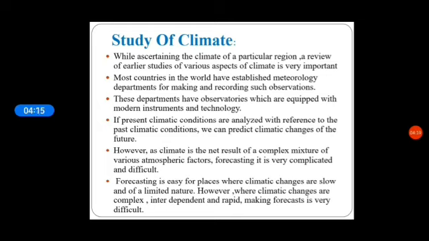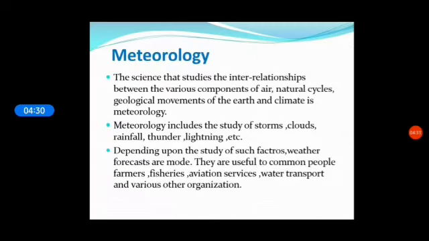Forecasting can be easy for places where climatic changes are slow and of a limited nature, while forecasting can be very difficult for the places where climatic changes are complex, interdependent, and rapid. Weather forecasting is done under the branch of meteorology. Meteorology is the science dealing with the interrelationships between the various components of air, natural cycles, and geological movements of the earth.